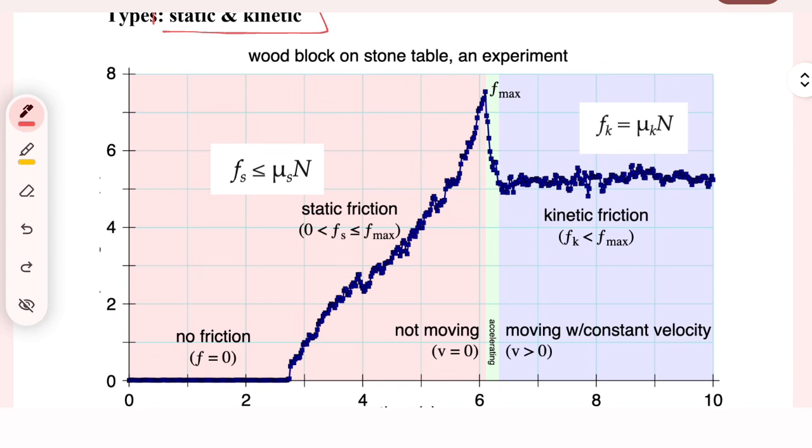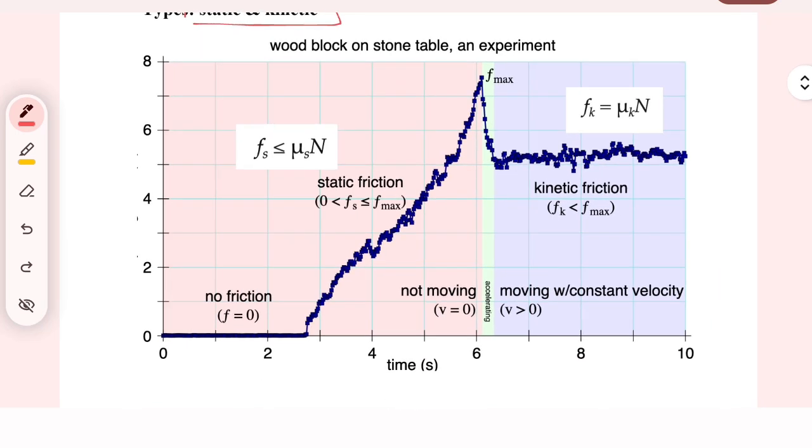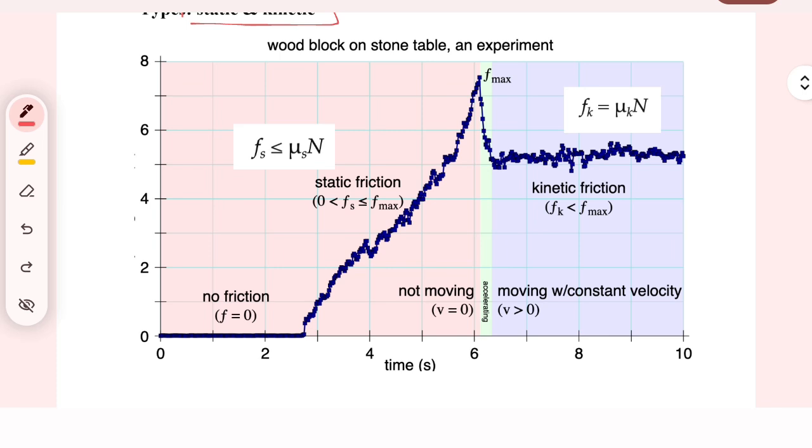Our y-axis here is the force, and we have here the time. This is the pulling force that's applied. The box is on this side, so it's not moving yet.